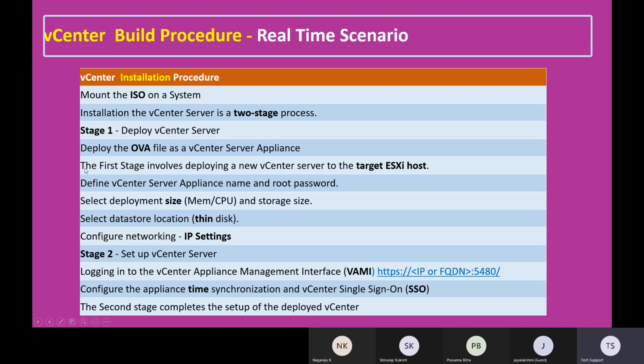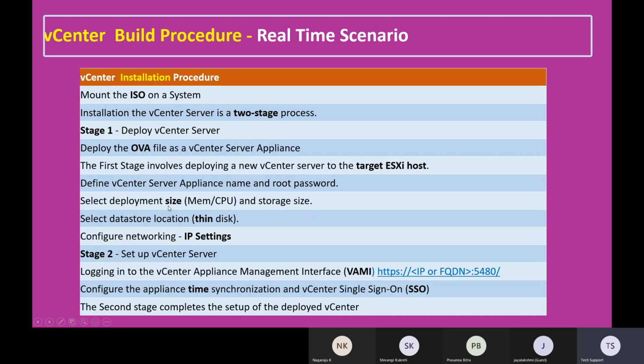In the first stage we also need to choose one of the ESXi hosts to install vCenter Server on, and define the vCenter Server appliance name. Whatever name we want, we need to keep a specific name, and enter the root password. Okay, and select the deployment size: memory, CPU, and storage size.